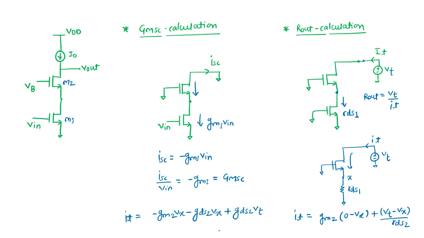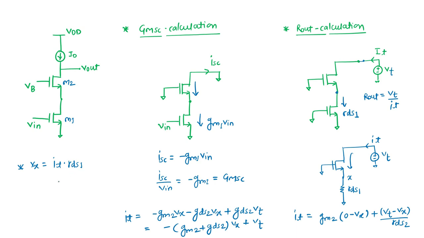I am writing 1 upon RDS2 as GDS so that we can simplify it easily. So we can see, minus (GM2 plus GDS2) Vx plus VT. And one more equation that we can write from here is: what is Vx? Vx is nothing but IT times RDS1.